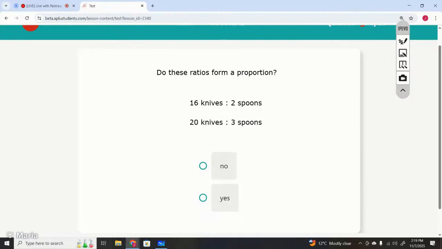No, they do not form a proportion. The correct option is no. Option number 1 is the correct option.